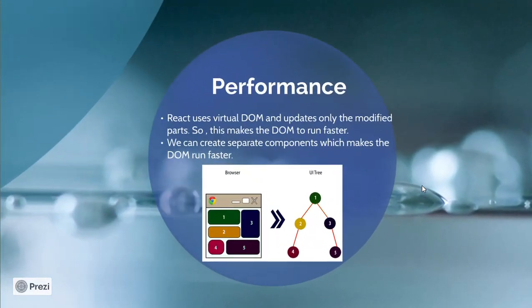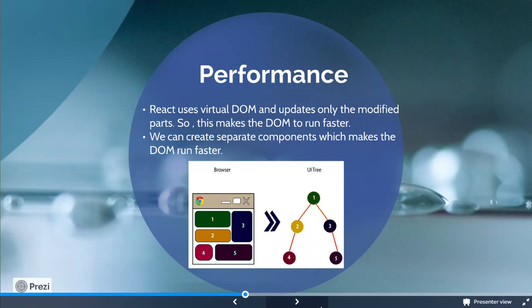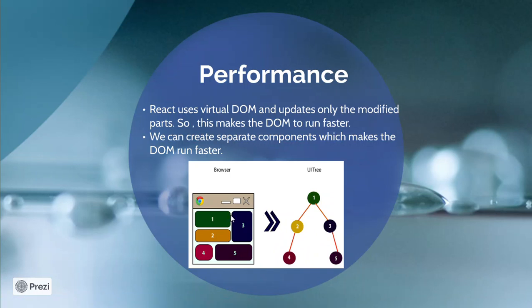Coming to the next feature, which is performance. As we discussed earlier, React uses virtual DOM and updates only the modified parts, so that will improve application performance and make it faster. Also, multiple components improve development time, which improves performance.